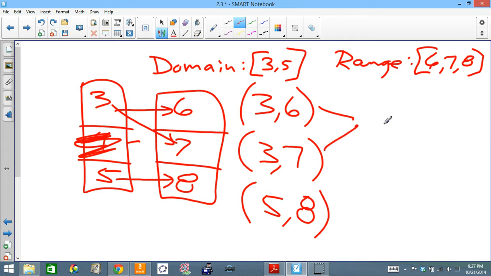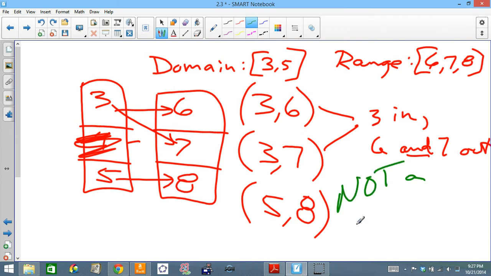Notice I've got input 3 in and 6 and 7 out. So I got the same input and two separate output values. So that means it is not a function. Not a function. But it is, of course, a relation.